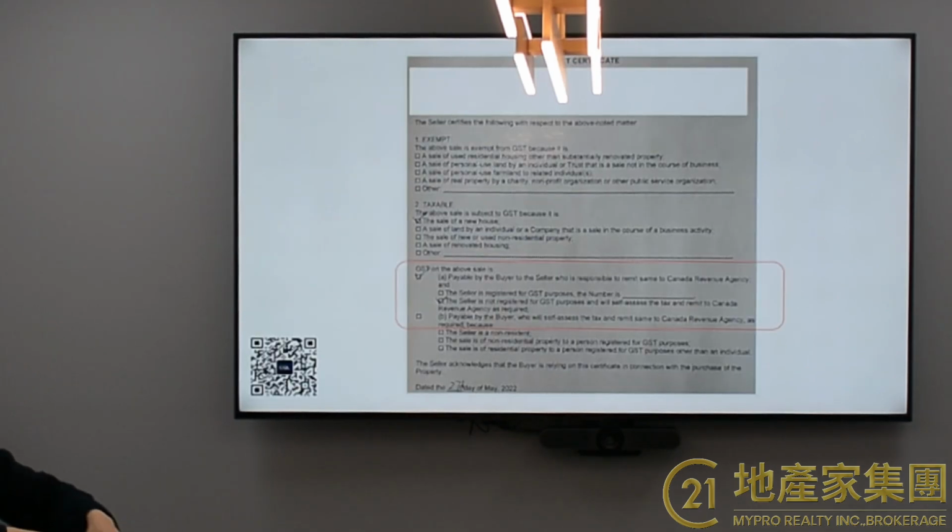We see the builder sometimes involved in some cases. The builder gets scared that it's not properly dealt with when you sell the assignment, so they will put into their consent document that they require you to remit the HST to the builder and the builder will remit to the CRA. But it's very rare, but I've seen it.